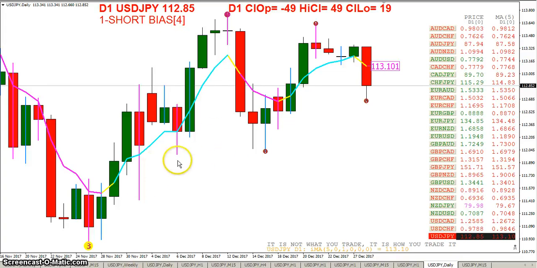The yellow just indicates a change in direction. So you can see here, it went from going down to going up, went from going up to going down. So it just gives you a clear indication which way that squiggly is pointing. And I put the price boxes here so you can see the value of the indicator.